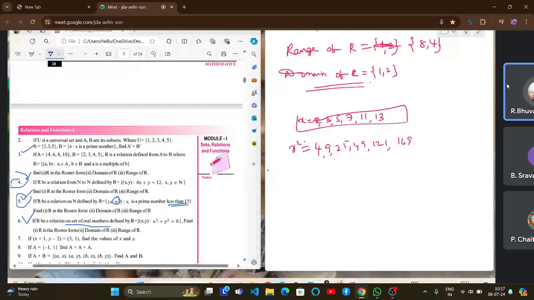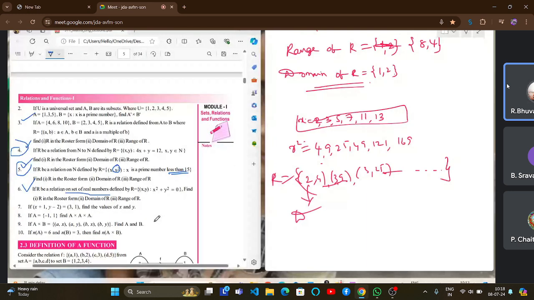So the first ordered pair is (2, 4), the second ordered pair is (3, 9) and (5, 25). Finally this is in roster form. Everybody will find out the domain and range. Okay, problem is over.